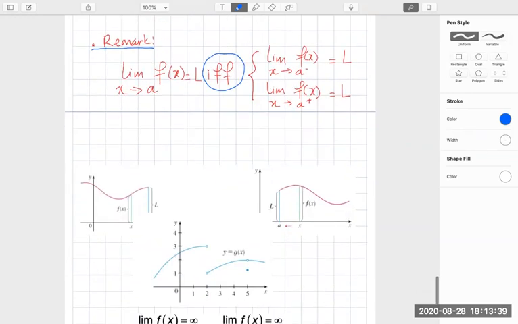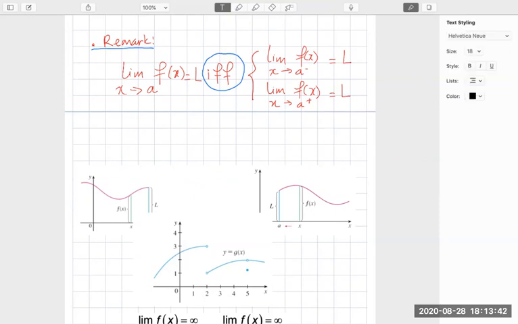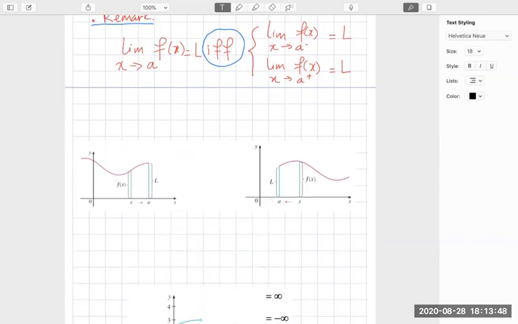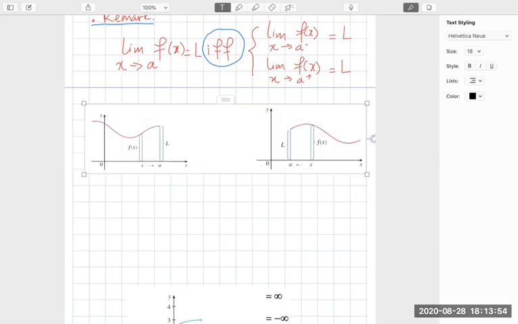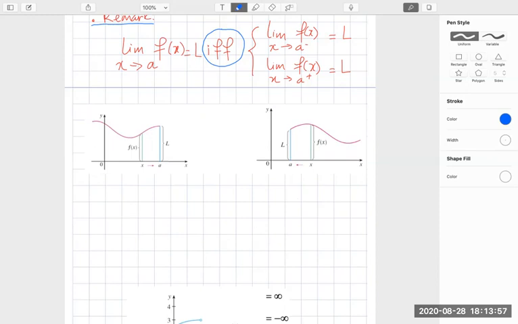Here is a visualization of the left and the right-hand limit of a function f. On the left, the graph here, the purple one is the graph of f of x. It is defined for any values of x smaller than a. We see that when x goes from the left side of a, the value of f of x approaches L here, right?